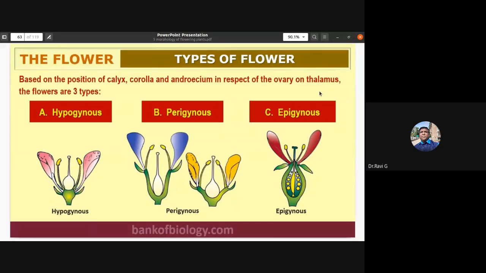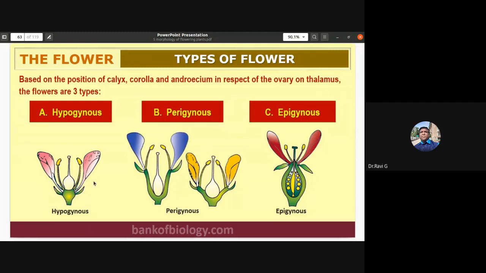So flowers based on the position of calyx, corolla, and androecium with respect to the gynoecium or the ovary on the thalamus are classified into these three types.